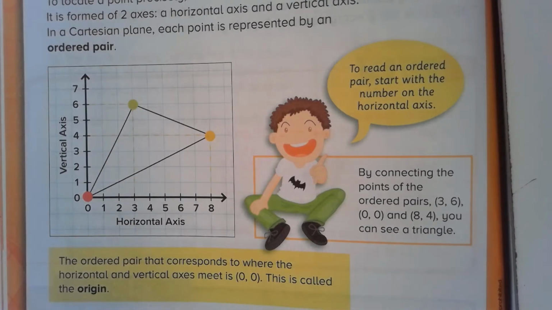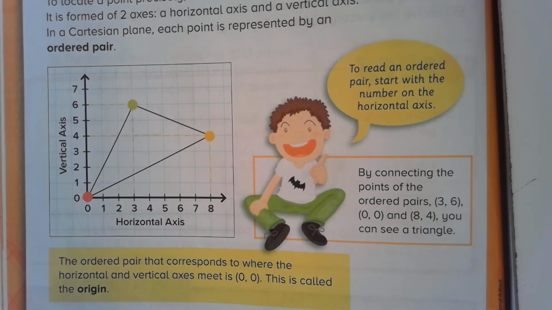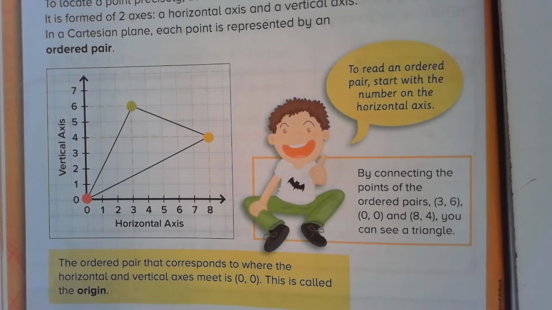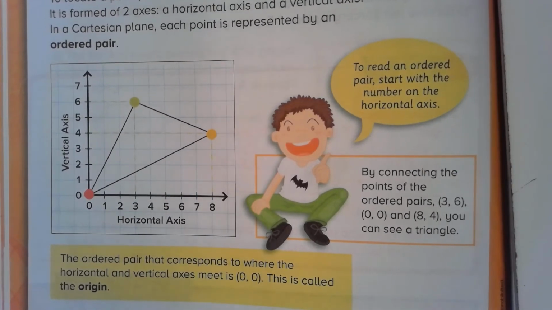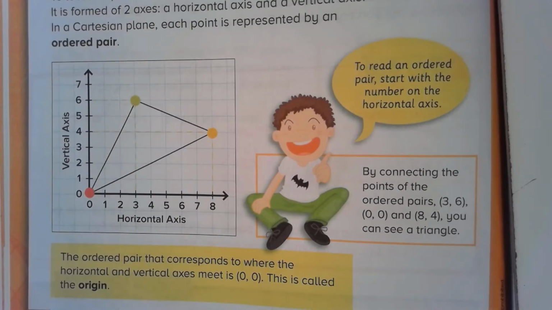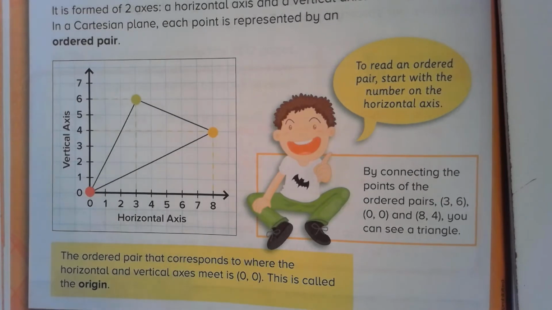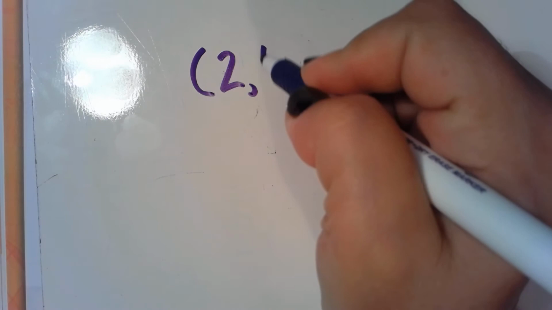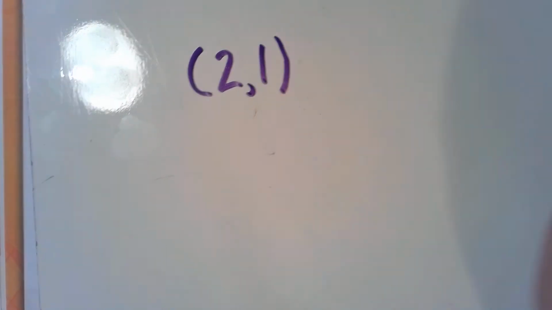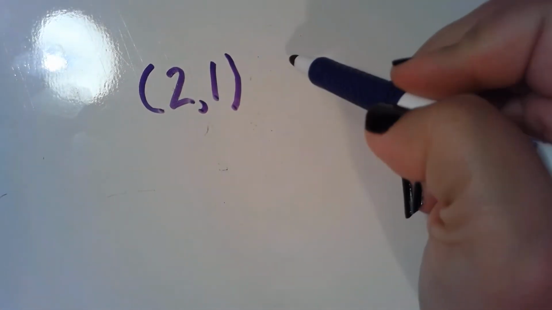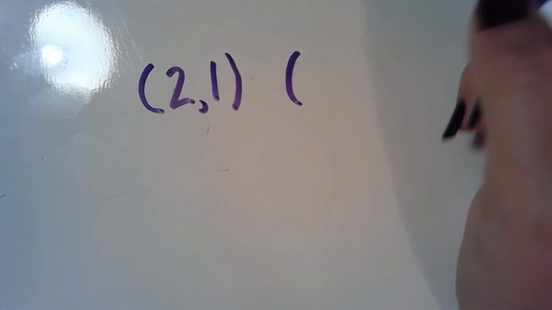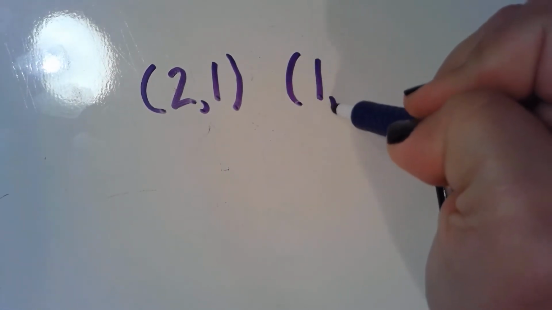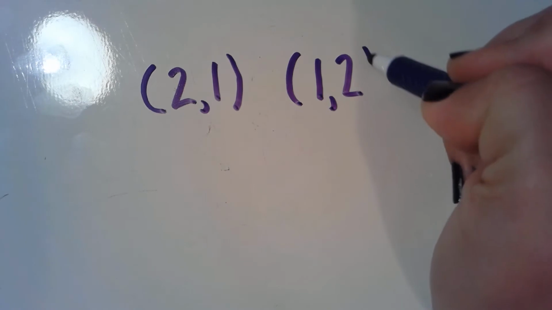And basically, that's all you need to know about a Cartesian plane. I have a quick question for you. I will write this down for you. Is the ordered pair (2, 1) the same as the ordered pair (1, 2)?